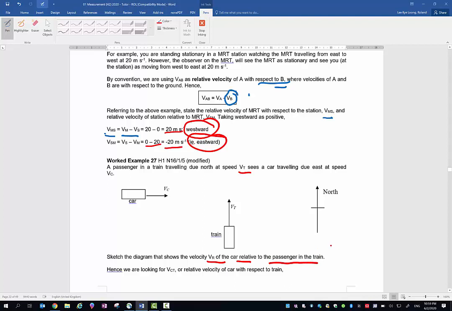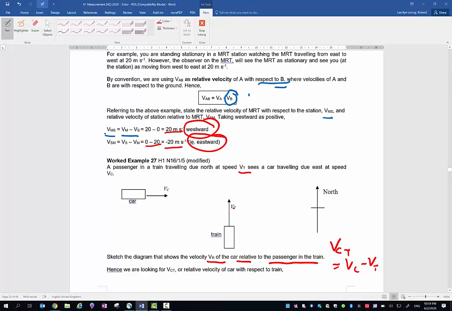So it is velocity of the car, VCT. Because it's relative to the passenger in the train, you always subtract the one that is relative to. So VCT will be equals to VC minus VT.